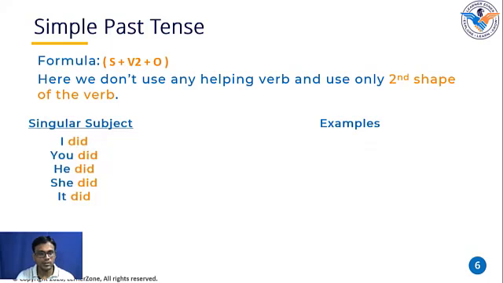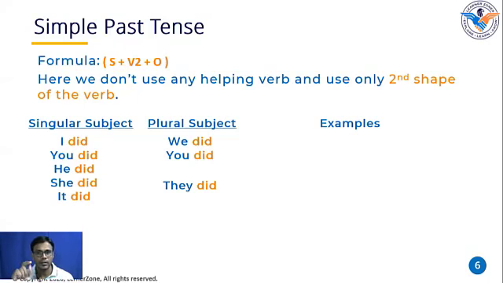Singular subject, plural subject. I've just taken one simple verb here. Do, did, done. Did is the second shape of the verb, and that's what I wanted to mention in front of everything.